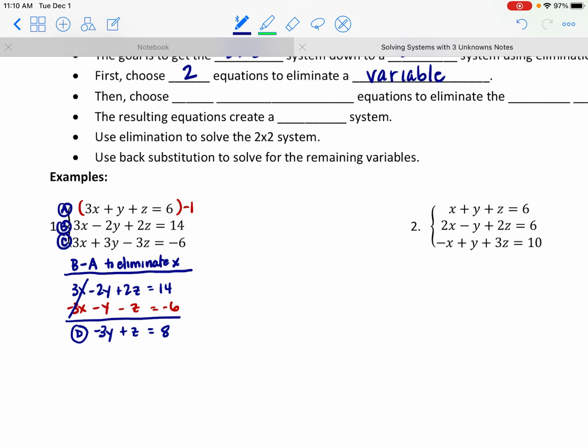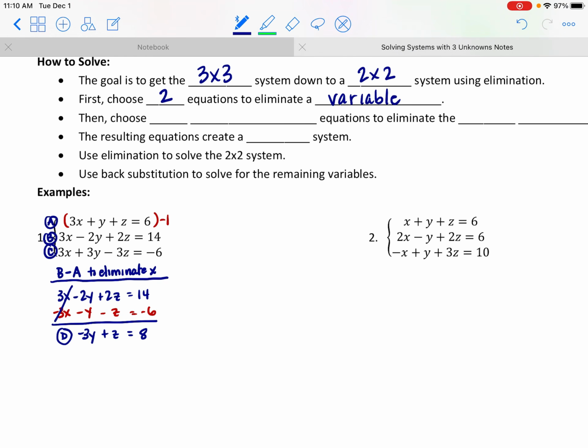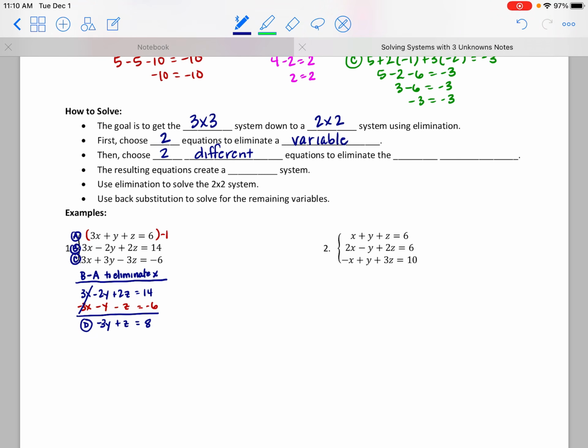So now what I need to do is choose two different equations. So I started with A and B. In the next step, I can use A and C or B and C, just not A and B again. Two different equations, but I want to eliminate the same variable.